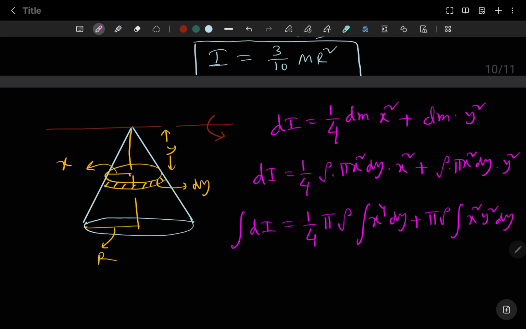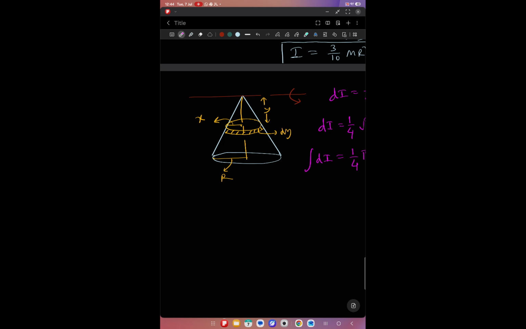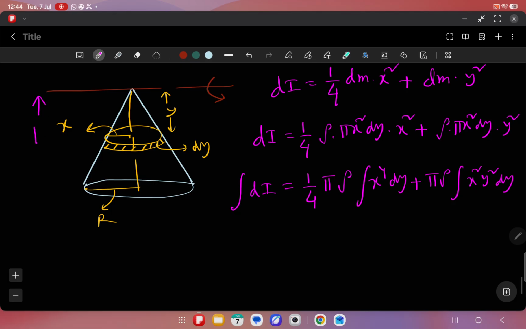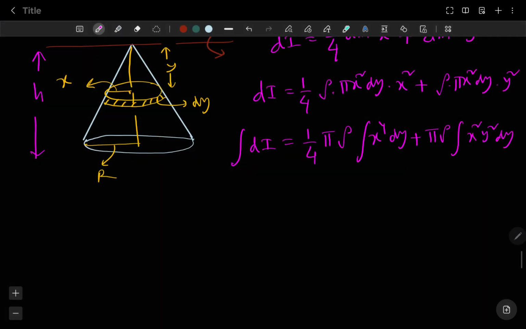Okay, now how to do it? We already know from the similar triangle, as this is h, we have already shown that y by h is x by r. So y is x h by r, so dy is h by r dx.